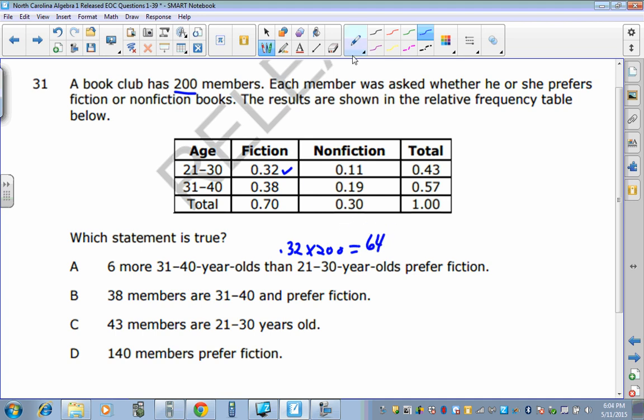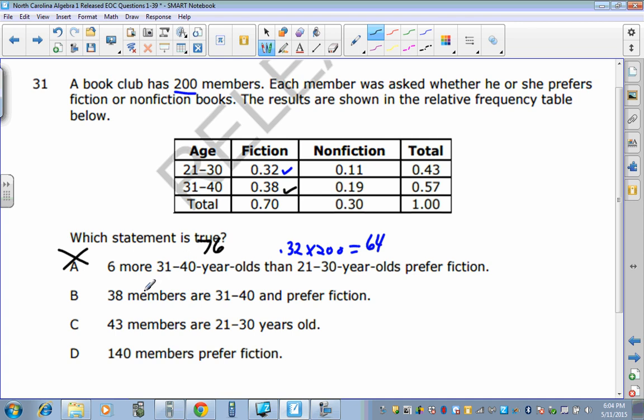Then the 31 to 40-year-olds preferred fiction, that would be 0.38 times 200, and that's going to give you 76. Okay, and that's false. 76 minus 64 is actually 12 more, not 6 more, so that can't be right.